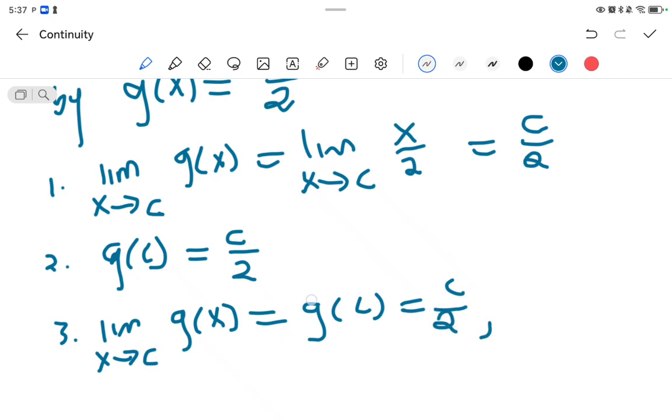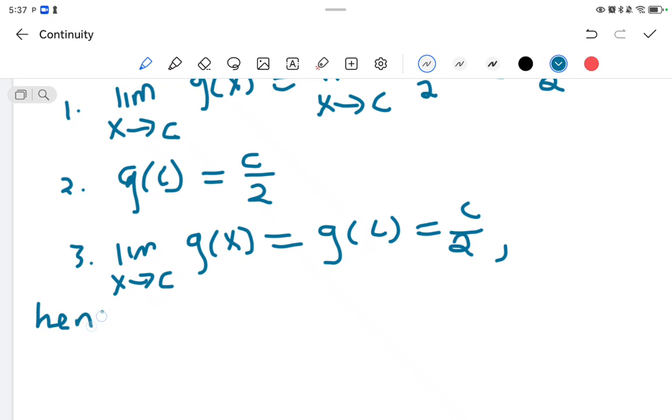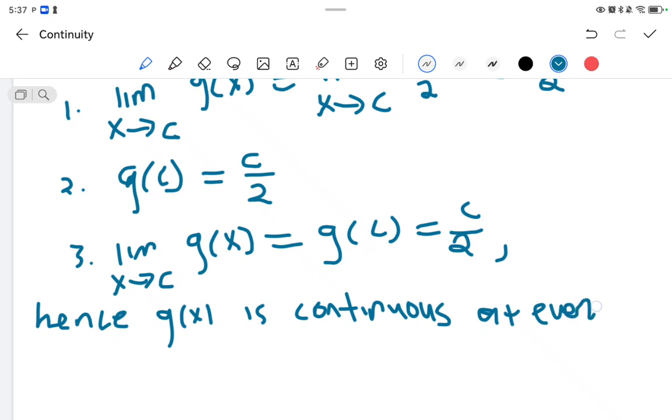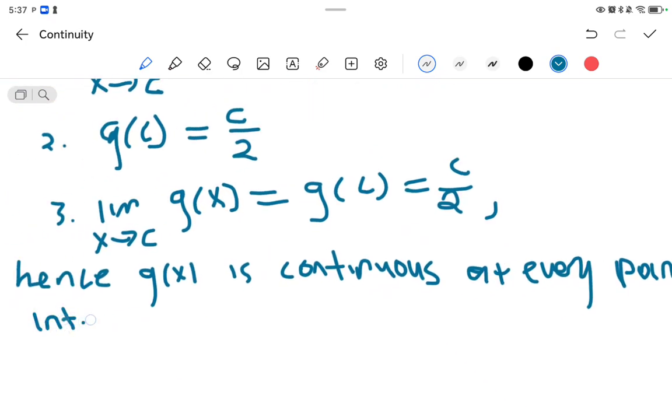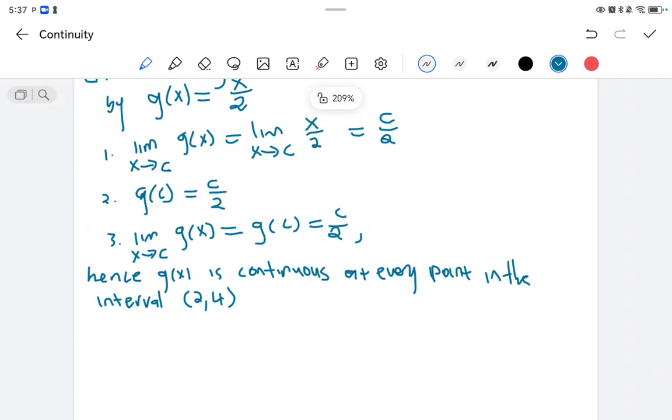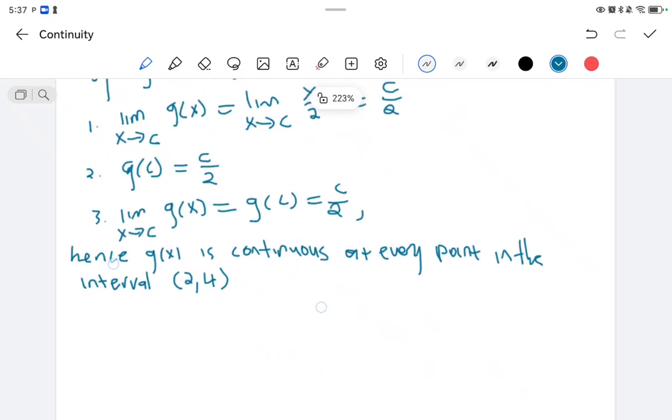Hence g of x is continuous. I can say that this is continuous at every point, where c represents every point there, continuous at every point in the interval 2 till 4.